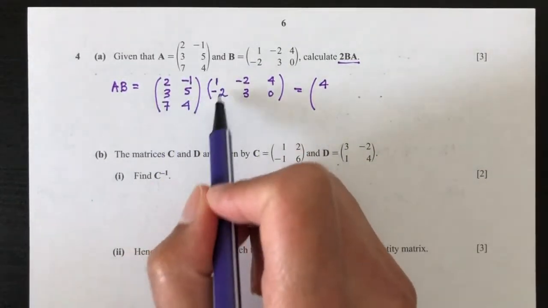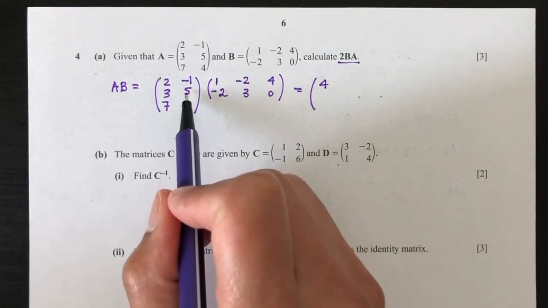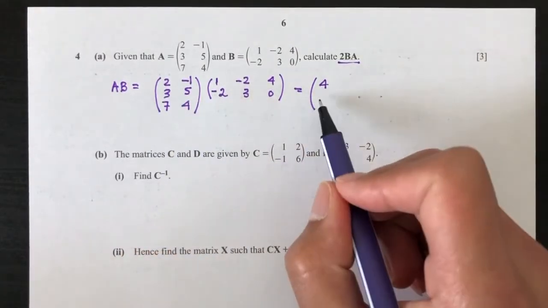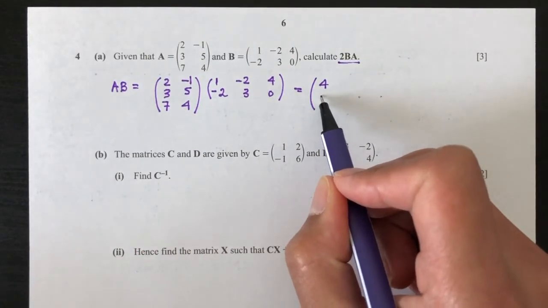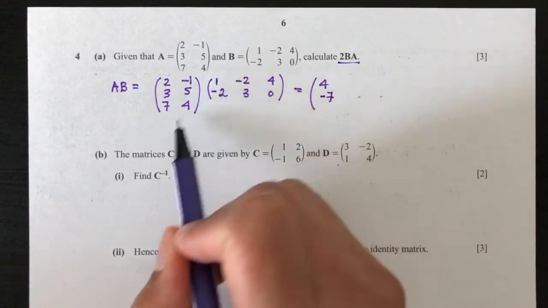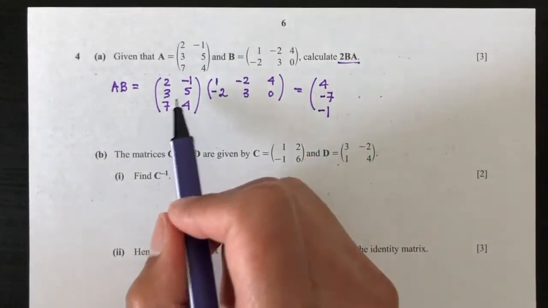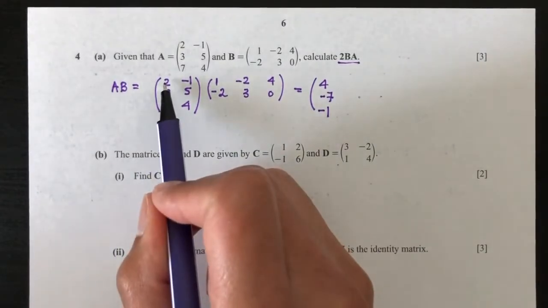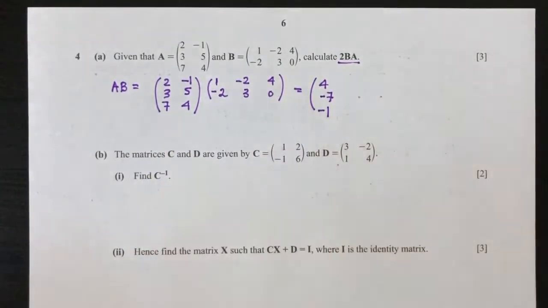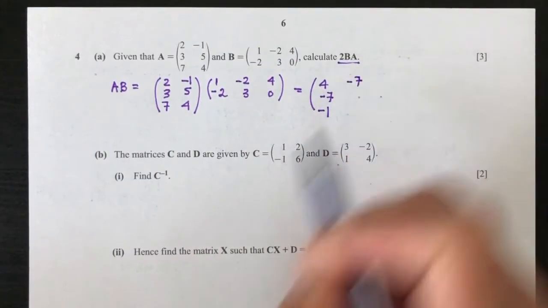So rows by column again. 3 times 1 is 3, plus minus 10, that should be minus 7. And 7 times 1 is 7, minus 8, that should be minus 1. Now the next one: 2 times minus 2 is minus 4, minus 3, that will be minus 7.